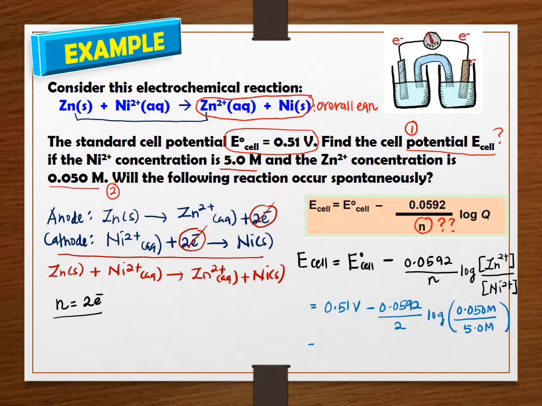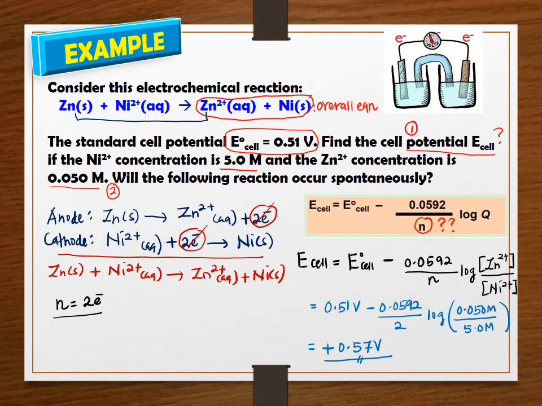Okay, so this is your substitution value, and then you will get the answer is positive 0.57 volt. Jangan lupa final answer must insist unit. Okay, so volt, unit of cell potential and standard cell potential is volt.